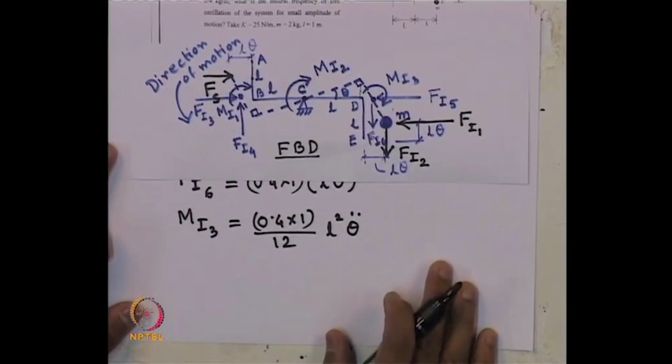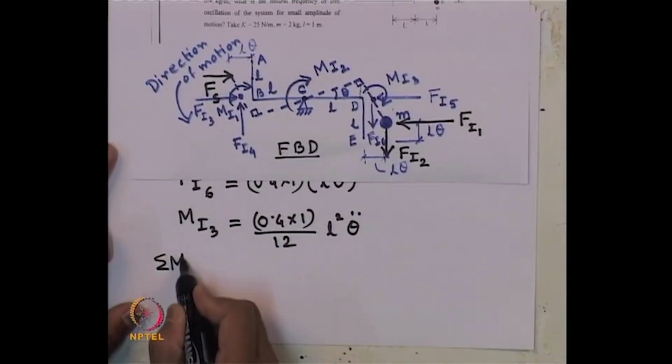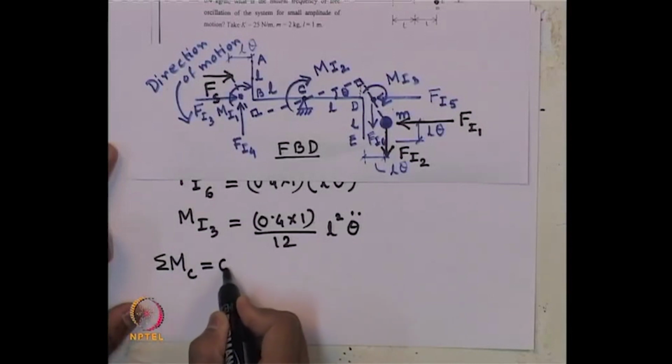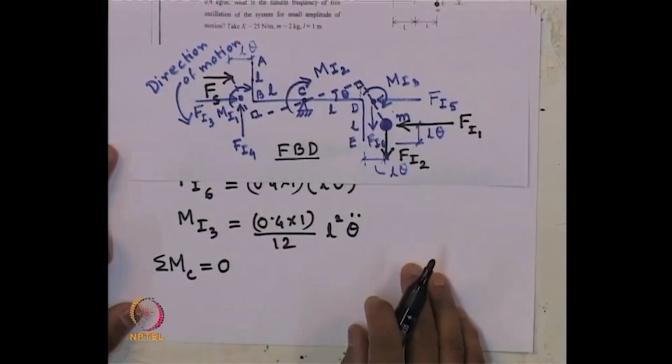So, now with all these forces, we have to again use the condition of equilibrium about that hinge support point C, moment equilibrium equals to 0.